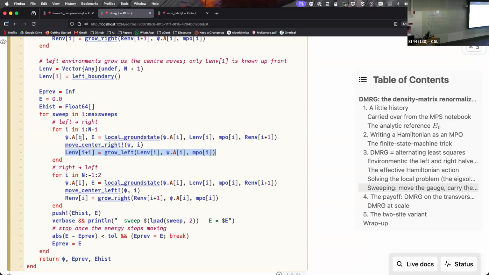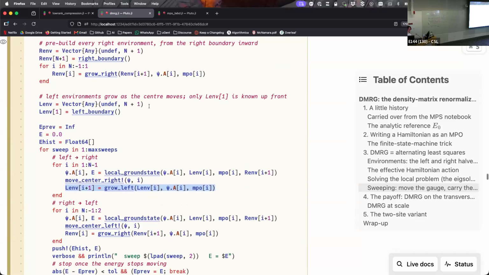I repeat this. Now I have already computed everything from the right because I've stored it. I've computed everything from the left because I just computed it. And I can just solve my local Hamiltonian, compute the eigenvalue equation, find the lowest energy state for that, and continue like this. And I sweep all the way through my lattice, going from left to right.